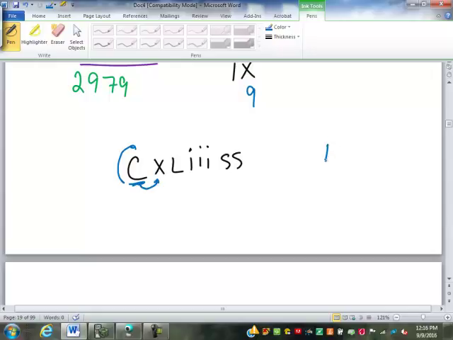No. So put in the 100. Look at the X. Is the symbol after it larger? L is bigger than X, right? So we have to combine that. That's 10 away from 50 is 40. The 3 I's in a row, those are safe, right? So that's 1, 1, and 1. SS is 1/2. So yes, that's 143 and a half.